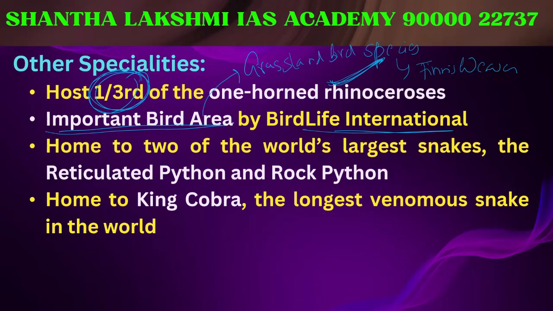This is declared as an important bird area, and this is home to two of the largest snakes, the reticulated python and the rock python also. Also, it is home to the longest venomous snake in the world, that is the king cobra. So this is about the Kaziranga Tiger Reserve, which is also the national park.